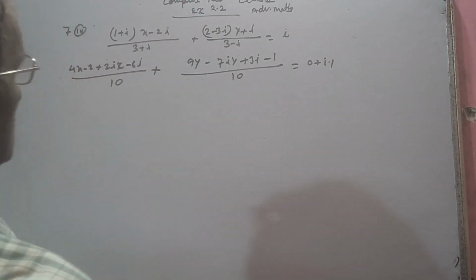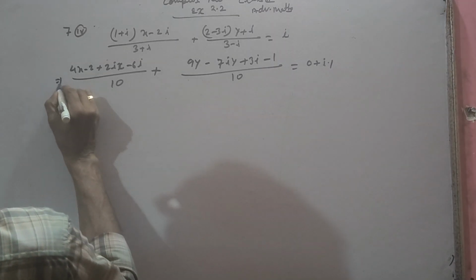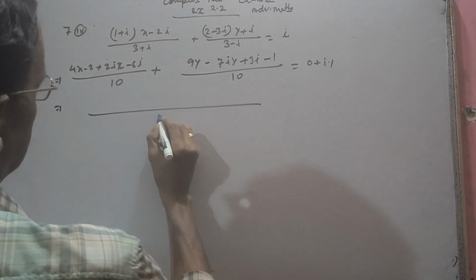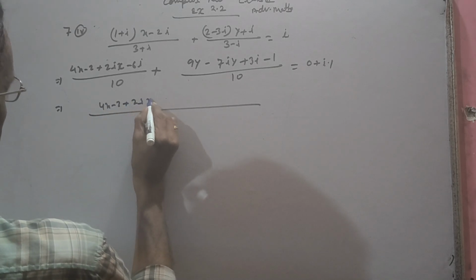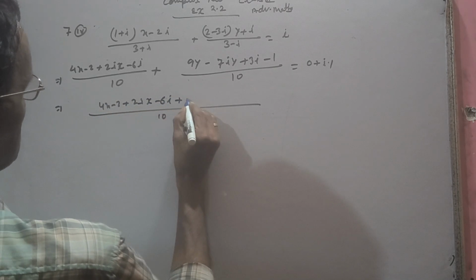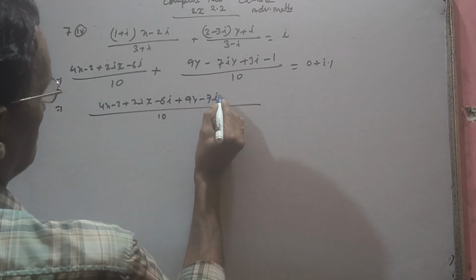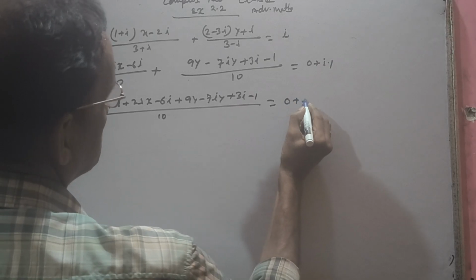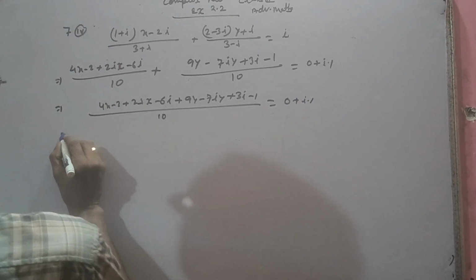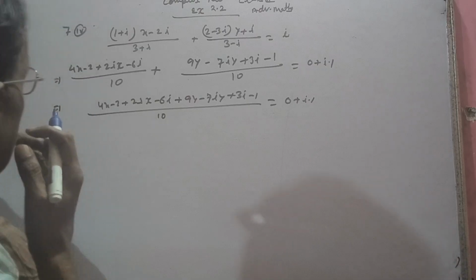Okay. Now we have 10 as LCM. So 4x minus 2 plus twice ix minus 6i plus 9y minus 7iy plus 3i minus 1 equal to 0 plus i into 1. Now, express it in the form a plus ib.